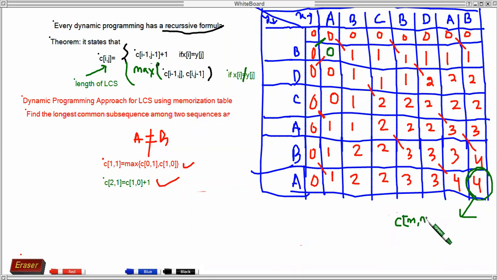So this is C of m, n, which equals the LCS of X and Y, the length.